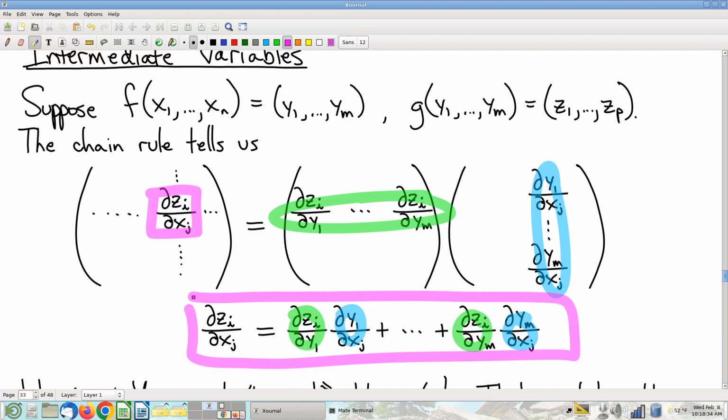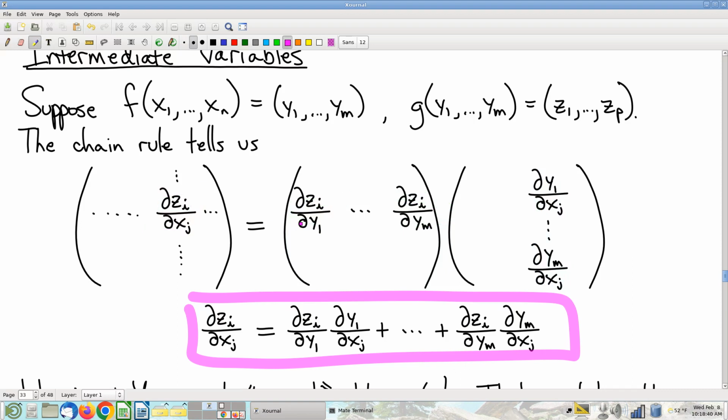Just multiply and add. So what we have then, one could take this as an alternative form of the chain rule. The con is that it's kind of a weird long formula with a ton of notation. It's not as compact, and it's not as simple as multiply the derivative matrices.